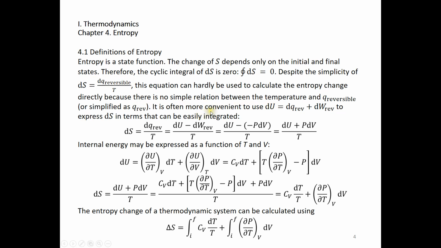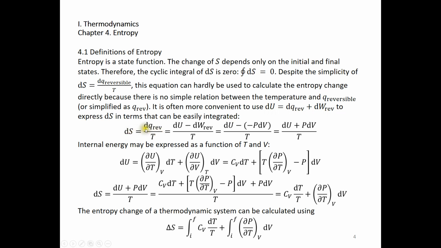It's often more convenient actually to use this equation to rewrite the equation for dS, because dU is dq plus dw. We have dU is equal to dq reversible plus dw reversible for reversible processes. Again, dU is equal to dq plus dw for all processes. Therefore, we can use that equation for reversible processes.